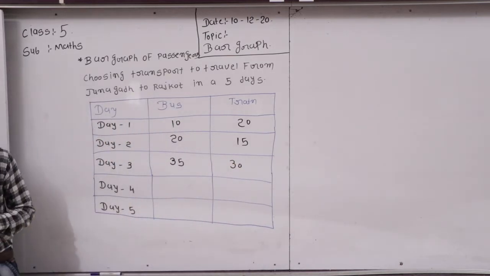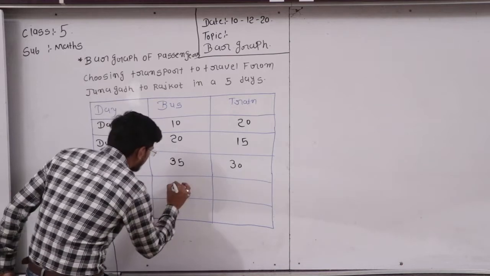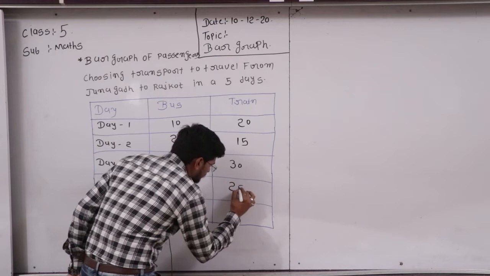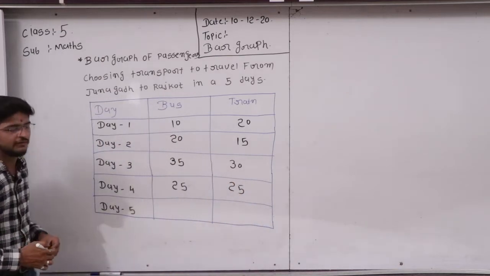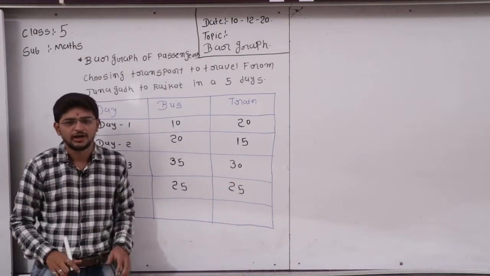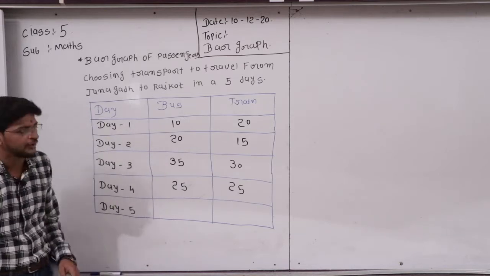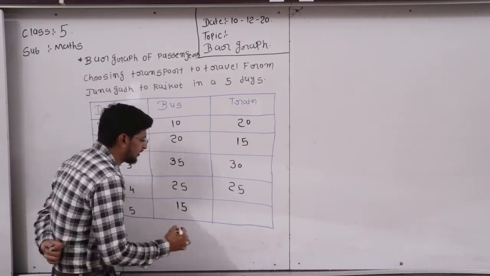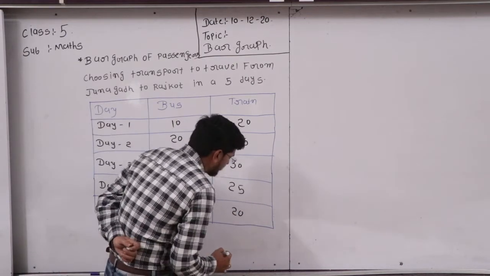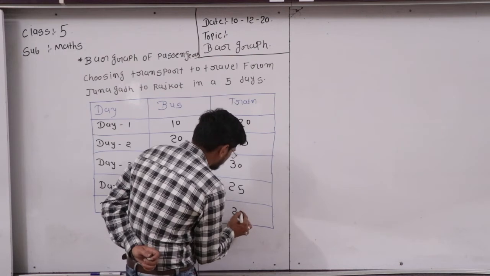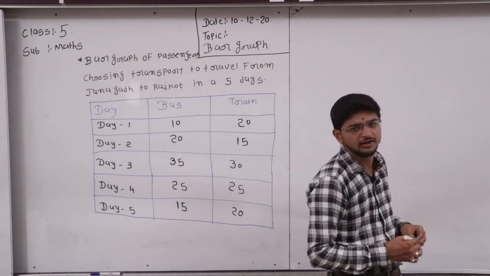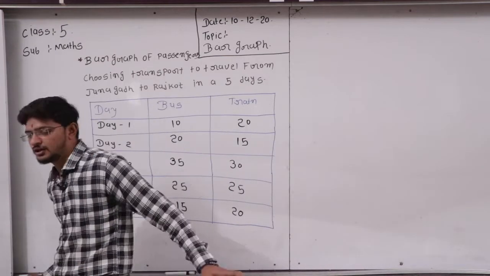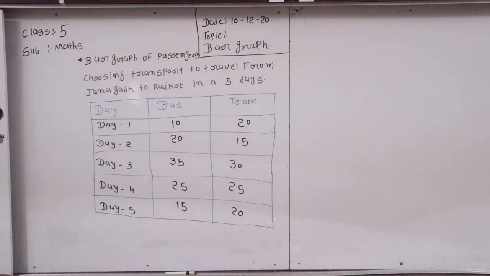On day 4, 25 passengers choose a bus and also 25 passengers choose a train to travel from Junagadh to Rajkot. And day 5, 15 passengers choose a bus and 20 passengers choose a train on day 5. So here we got our information. It is our information table, right?